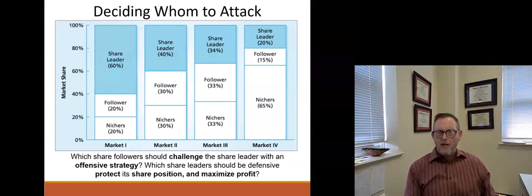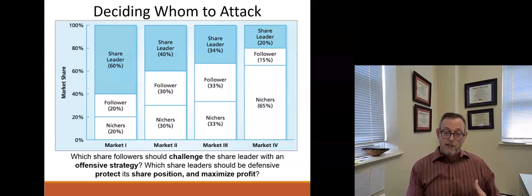So I'll briefly describe these strategies, but at the end of the day, when you look at the structure of an industry, you want to decide whether you want to be offensive and attack or defensive. So let's push the offensive side of things, and it varies if you are the smaller firm looking to attack the bigger firm, or the bigger firm looking to gain market share.